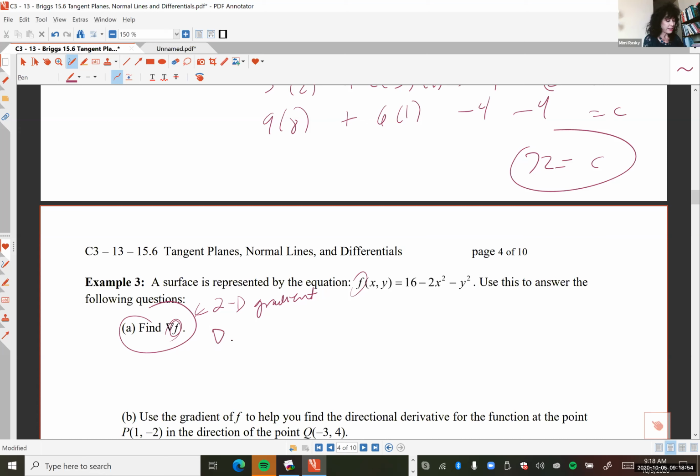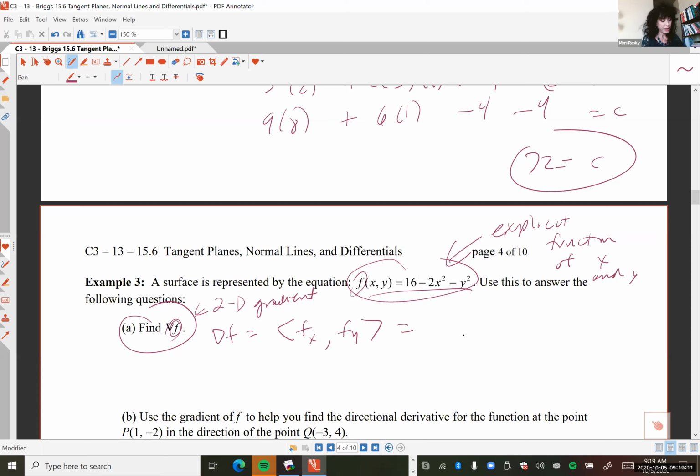So little del f is going to be a two-dimensional vector, and it'll simply consist of the partials fx and fy for this explicit function of x and y. Okay, and I'm going to do this real quick. It's just negative 4x and negative 2y. Boom, I'm done with part A.